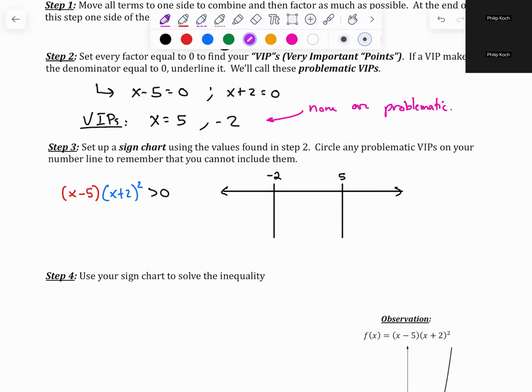So for the first segment, I'll choose x equals negative 3, but you could troll me and write negative 30,000 or something like that if you want. But any number will work that is less than negative 2. Then in between negative 2 and 5, if you have the opportunity, always choose 0 or 1 or negative 1. So I'm going to choose 0 here. And x equals 6. These are test values.